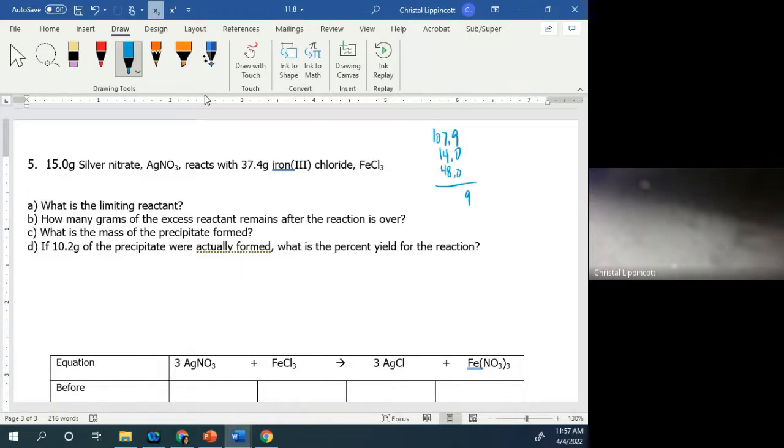So that ends up being 169.9. So I'm going to divide the mass by the molar mass.